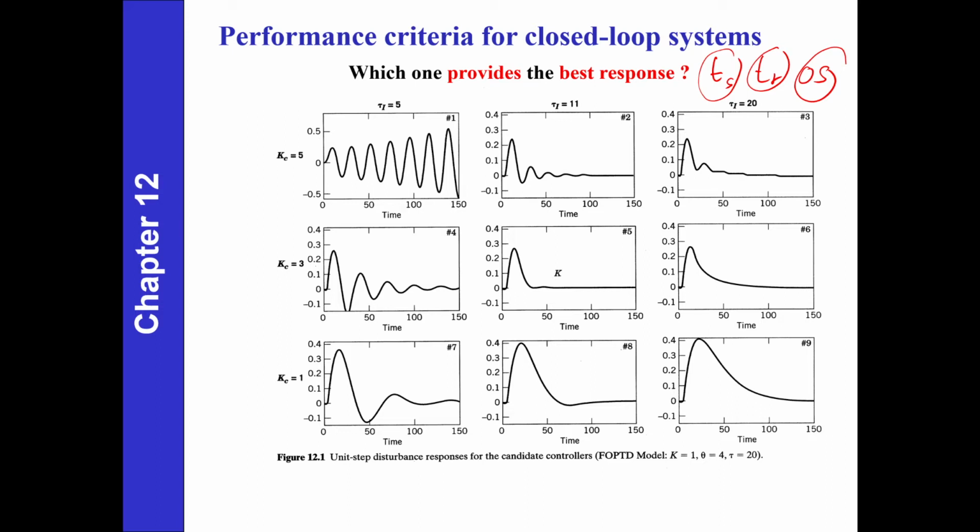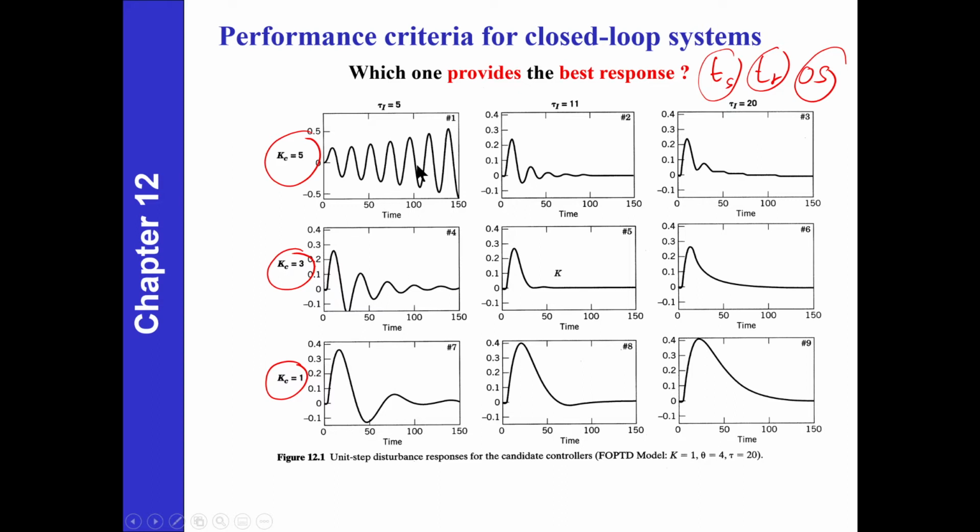Okay, let's see. What we have here is different values of Kc. When you have Kc equal to 1, you get this response. When you have Kc equal to 3, this is the response. And when you have higher Kc, this is the response, together with different tau I values.